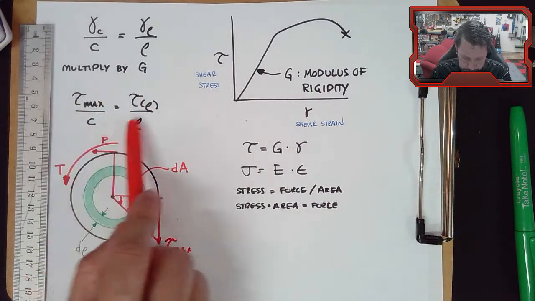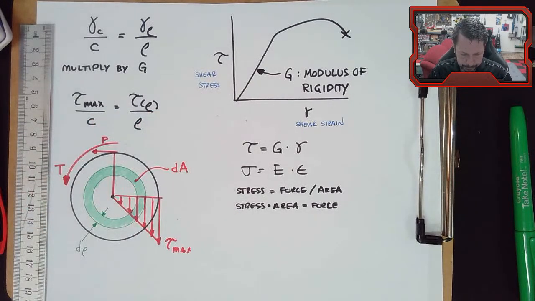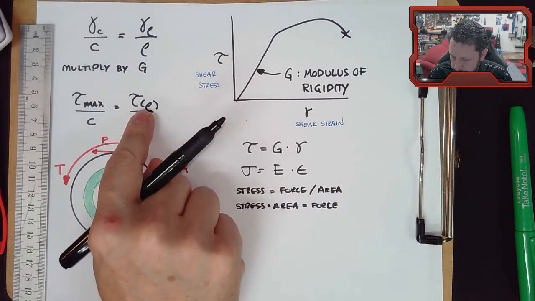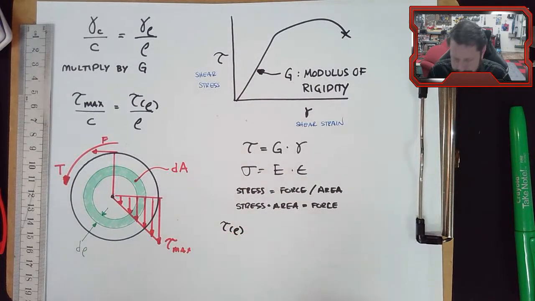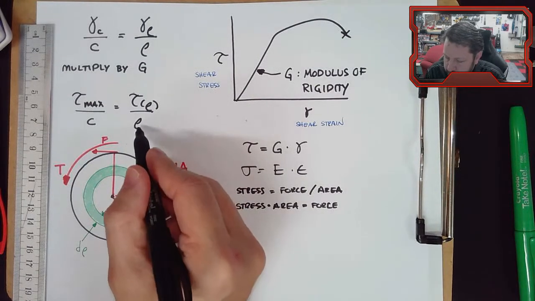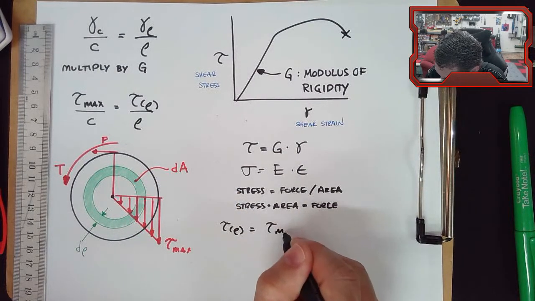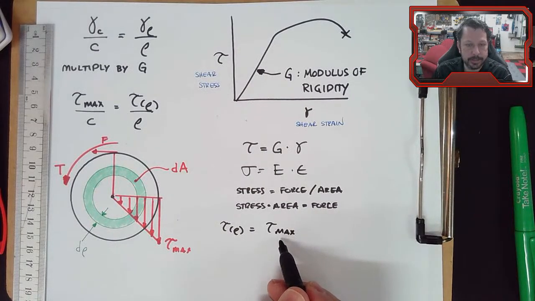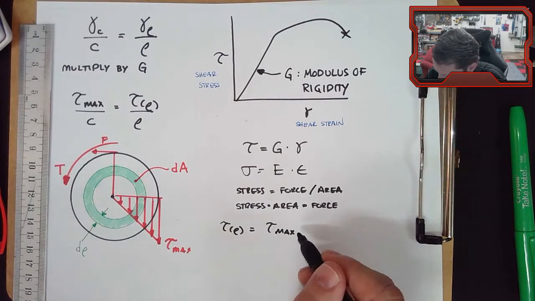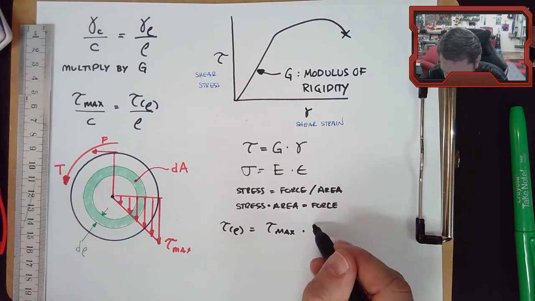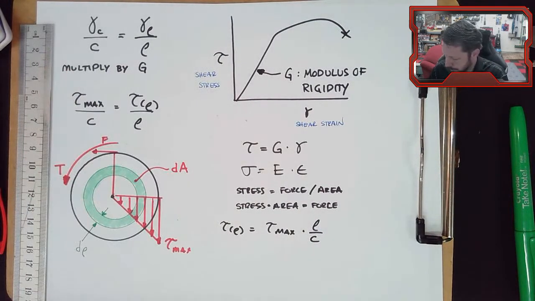So let's take this equation and let us rearrange it a little bit so that we actually have the tau rho, tau is a function of rho, by itself. So basically just multiply times rho equals tau max. This is not a function, it is just the maximum shear stress, which is on the surface of the shaft, times rho over c, right? So move the rho over there, basically.